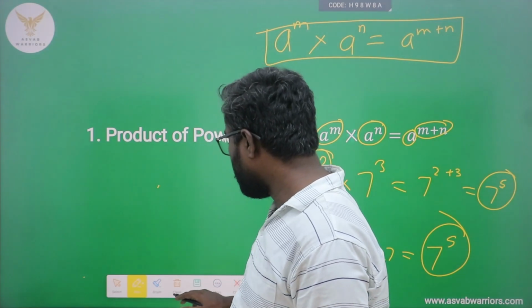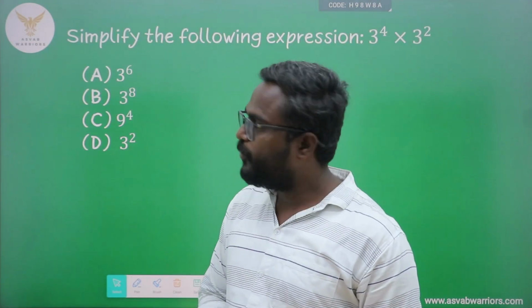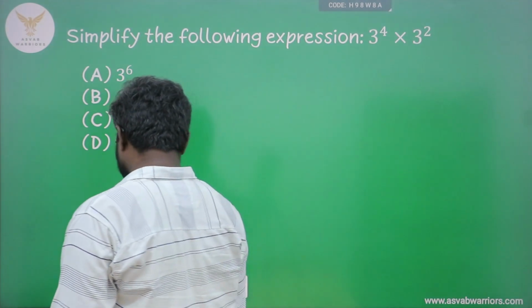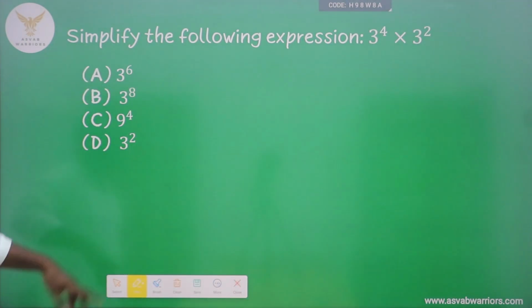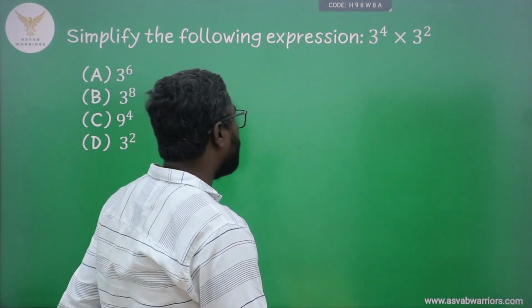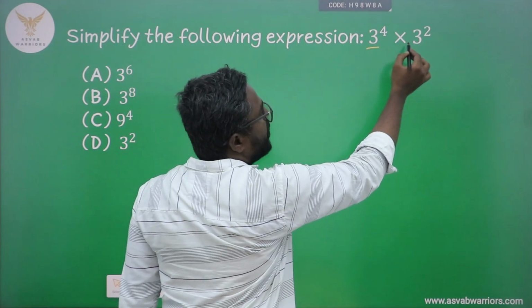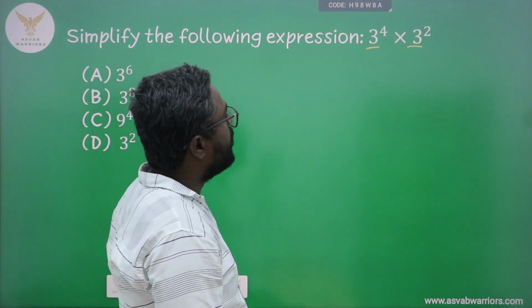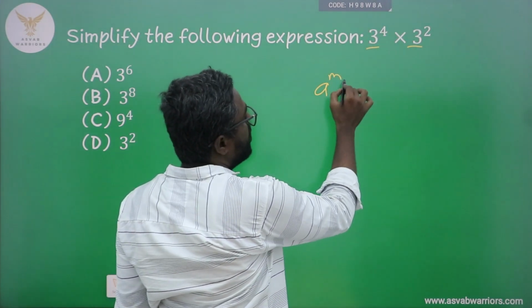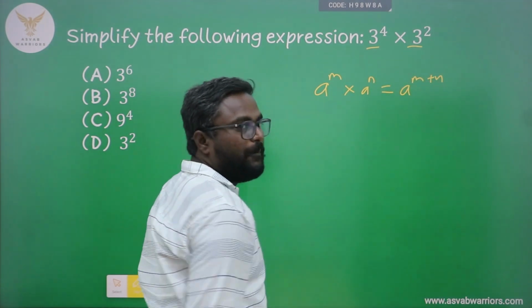Now, if you have got this, we are going to solve a few questions. The first question says: simplify the following expression, 3 to the power 4 times 3 to the power 2. If you see, it is the same base, different powers. A to the power m times A to the power n is A to the power m plus n.